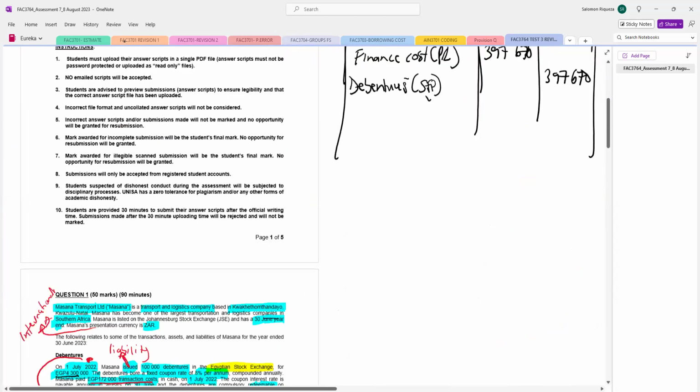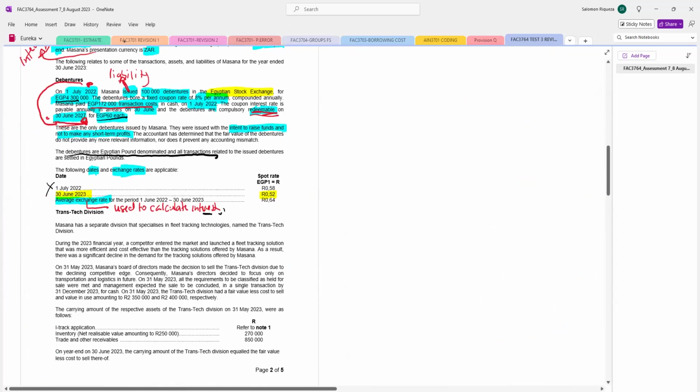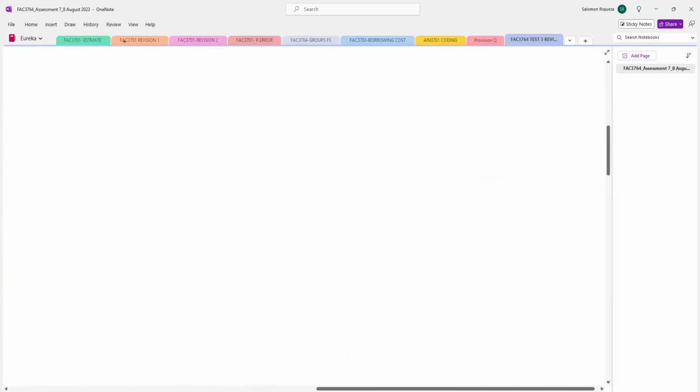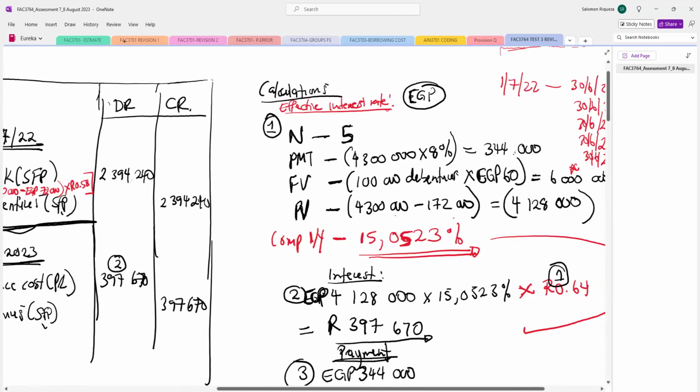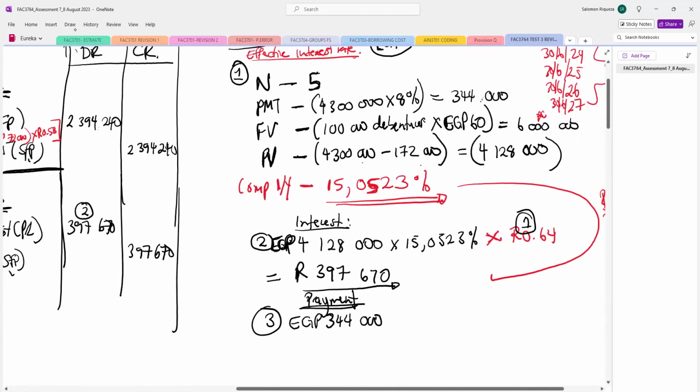Now, this is not an interest, it's the payment amount. Therefore, I'm going to use the exchange rate at year end, 30 June 2023, which is 52 cents. So I'm going to multiply this by 52 cents.